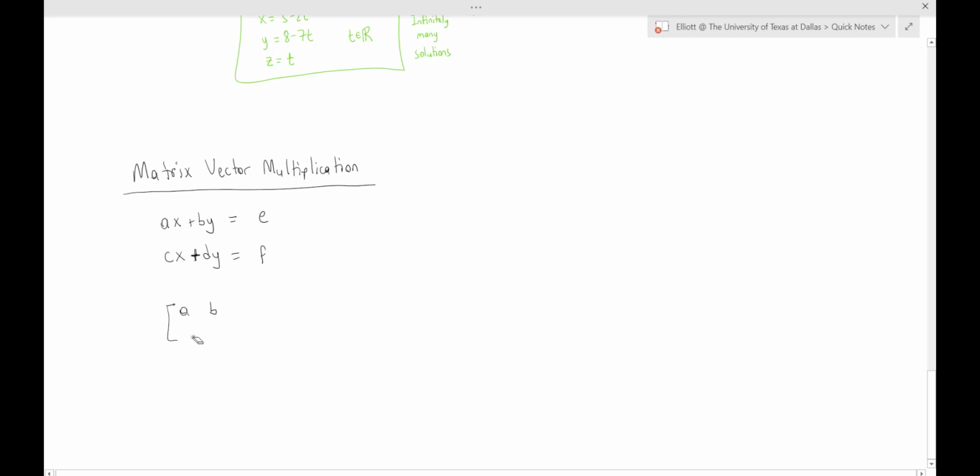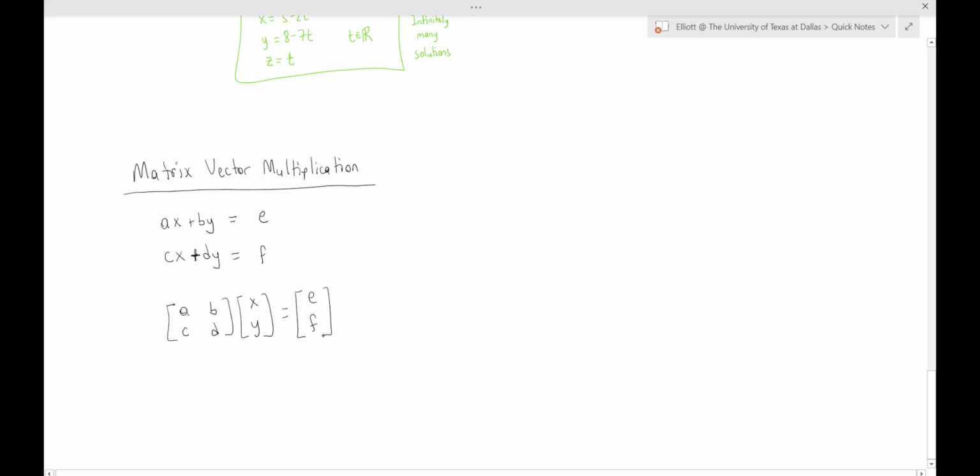Oh, geez. Okay. So taking the matrix of coefficients times the vector of unknowns equals the vector of the right-hand side.